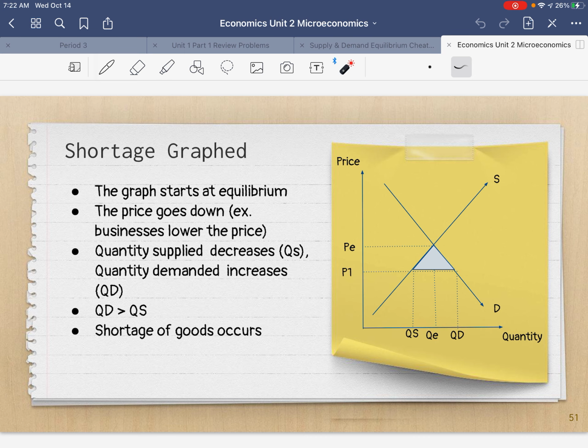That means that, let's say that these were numbers, 3, 4, 5, 6, quantity demanded is 5, and that is greater than 3. So quantity demanded is greater than quantity supplied. That means we want more than what the producers have to give us, and that's a shortage. Okay, so that's the graph, and it's kind of fun because you get to get out your colored pencils, and where price hits here, and then price hits here, we have this area that you shade in right there, okay?